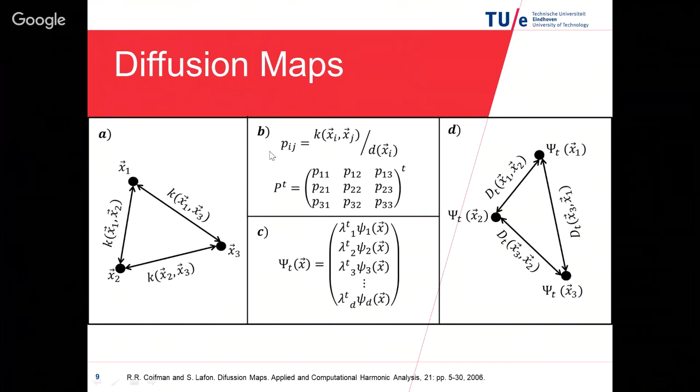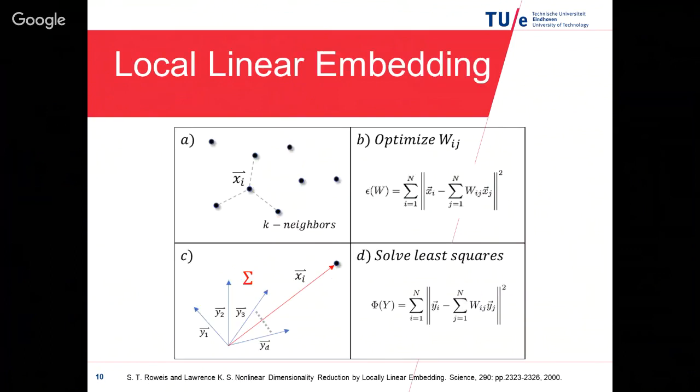From this random walk, we can construct the transition probability matrix, and from it, apply spectral decomposition to obtain eigenvalues and eigenvectors. If we take a small subset of these eigenvalues and eigenvectors, we can reconstruct our data points with a linear combination of them, and maintain certain important properties, like invariance of the distances.